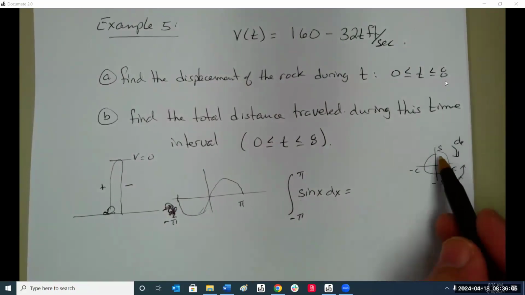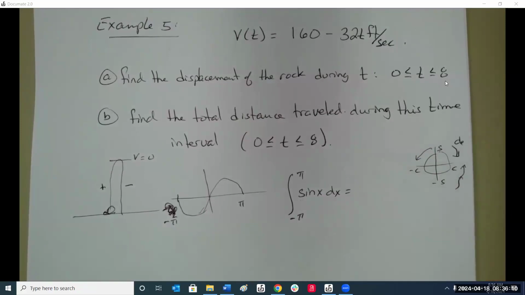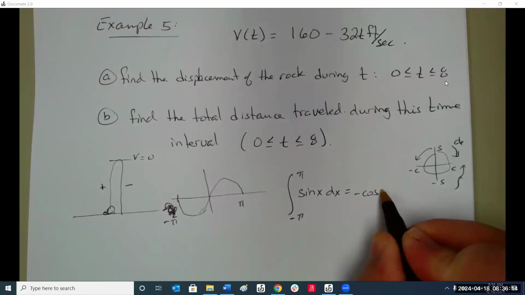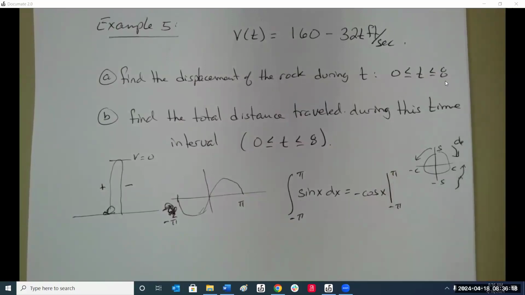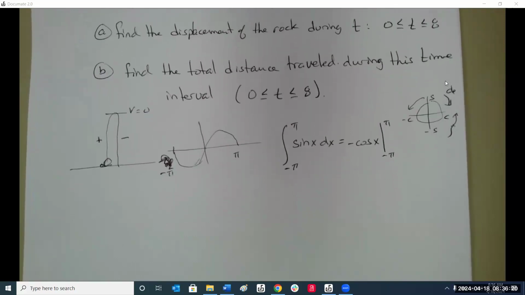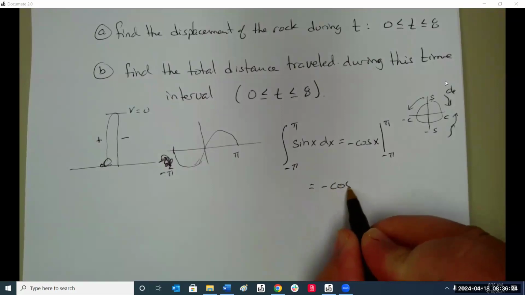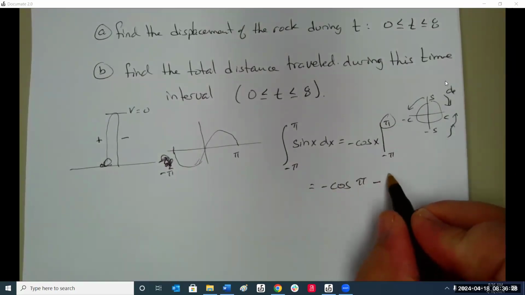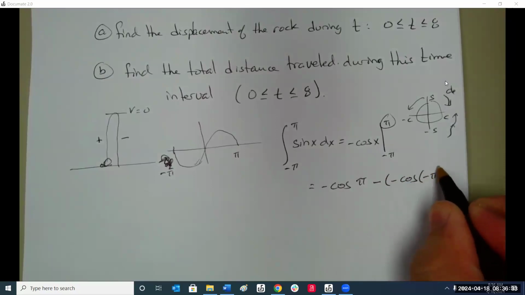So going backwards, I start off at sine, I'm integrating, so I get negative cosine from negative pi to pi. So I have negative cosine at pi minus the negative cosine at negative pi.